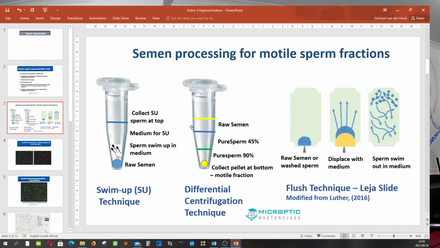I showed the slide previously, and I indicated that once we have provided some very nice sperm, we can use it here in a very interesting way, where we first provide in a layer slide raw semen or washed sperm, and then we displace it with that medium containing the agent for hyperactivation such as caffeine. Because the sperm has now been displaced and this is the new medium, the sperm will swim into it and it will then be either hyperactivated or not.